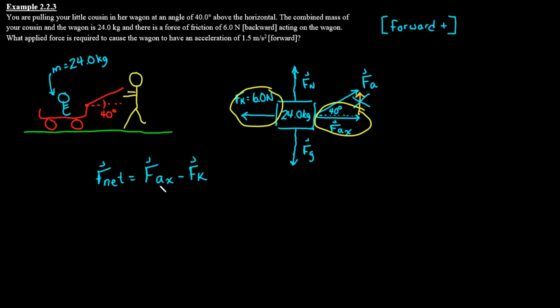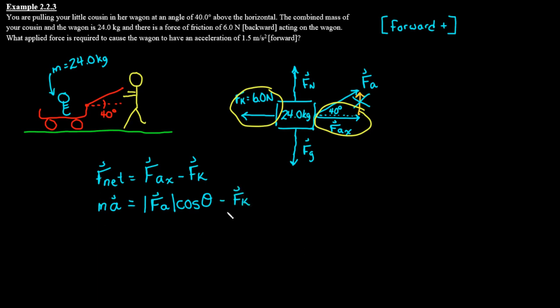Remember what we're actually trying to solve for is that applied force. So we're going to substitute Fnet with mass times acceleration, because we know any Fnet is equal to a mass times an acceleration. Our applied force in the x direction is going to be equal to the magnitude of that applied force multiplied by cos theta, because x is adjacent to my 40 degrees, and that's still minus the force of kinetic friction.